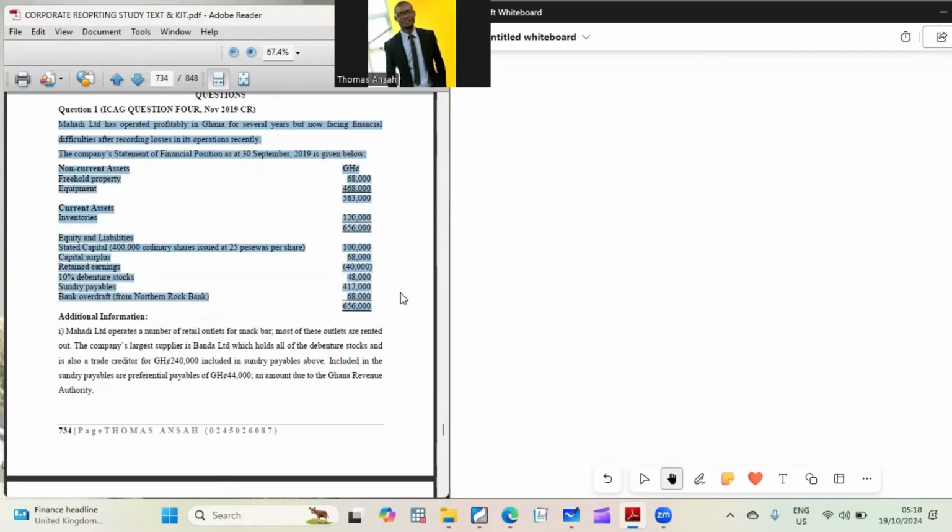Anyway, let me also pass this comment. Between this one and business valuation, this is the proper accounting part of it. But the problem is that in this one, you'll be doing a balance sheet, which makes the whole thing double work. But they bring it sometimes.